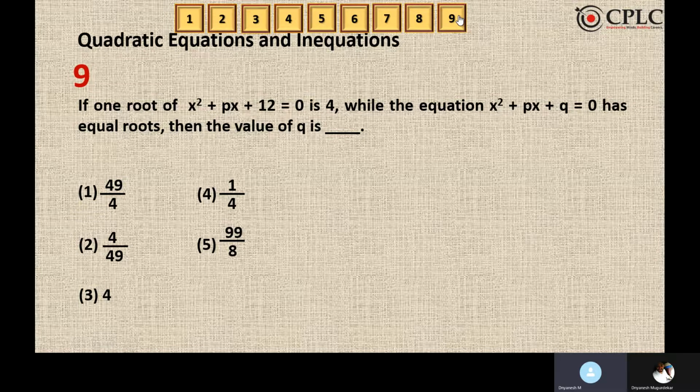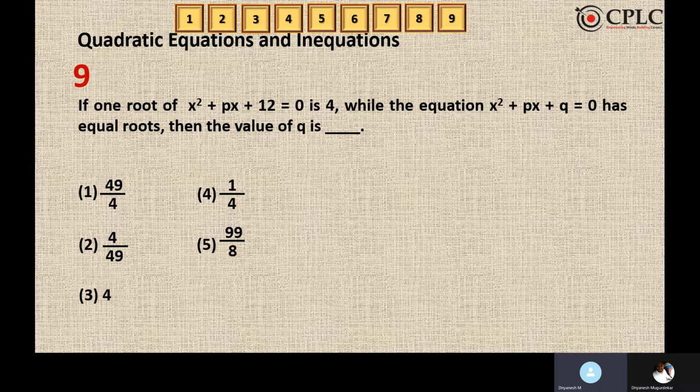The ninth question from E2 was: if one root of the following equation is 4, while the other equation, they have given another quadratic equation, has equal roots, then the value of q is dash. So equal roots is what we have explored now in E3, and hence this was kept back earlier when we were discussing E2. So for equal roots, delta is equal to 0 is what we are supposed to apply.